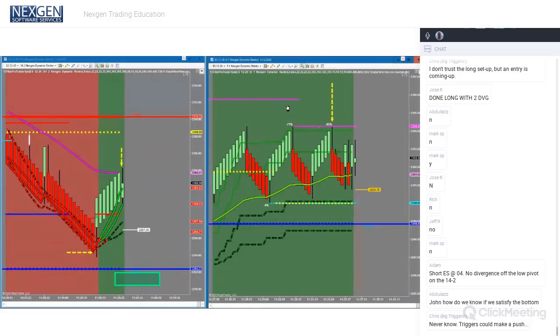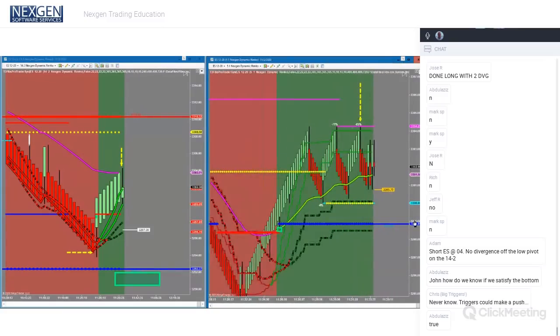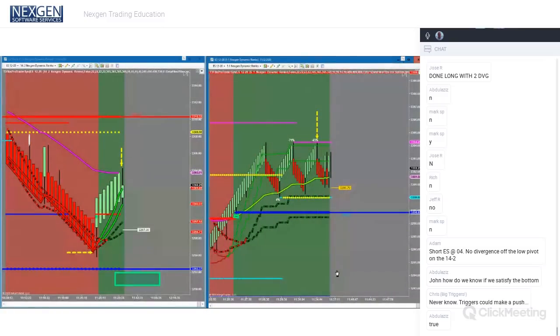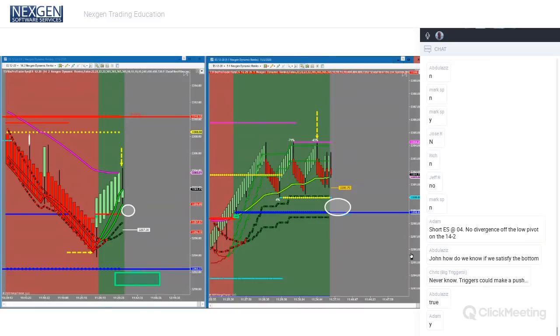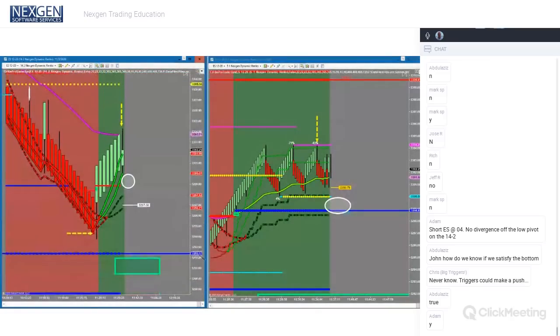What do you think? And again, look, there's always a chance that it comes down here and goes back up, right? You have to know what those chances are by looking at your large chart.